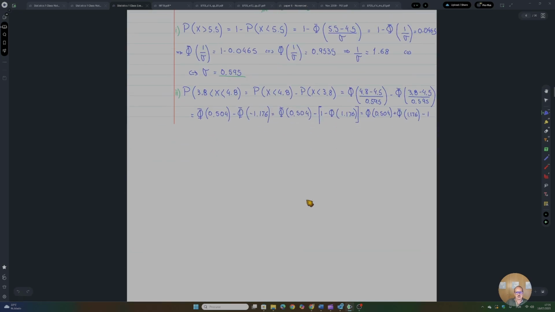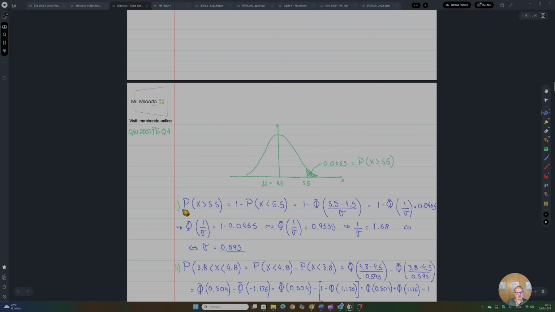I reproduced here the diagram. You know that the probability of x being bigger than a value equals 1 minus the probability of x being smaller or equal to that value, okay? To get this part in specific, you use the value minus the mean divided by the standard deviation, and that's the thing that you want, okay?